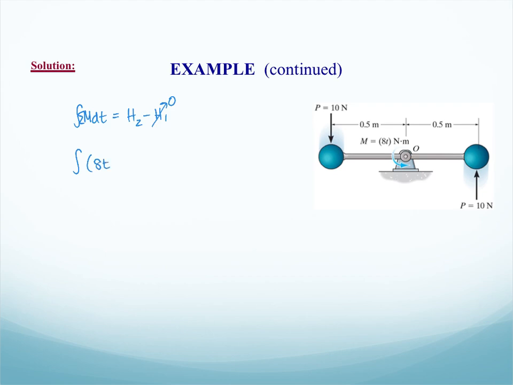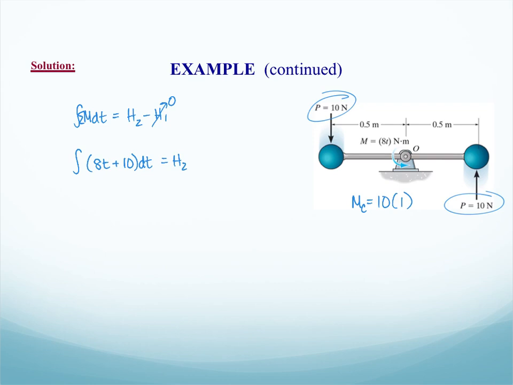First we have this time-dependent couple, 8t, but we also have these two forces. These also could be thought of as a couple. The moment of the couple would be equal to the force times the distance between them, which is just 1. And so we have to add to this 10. That is the total moments acting on this system.